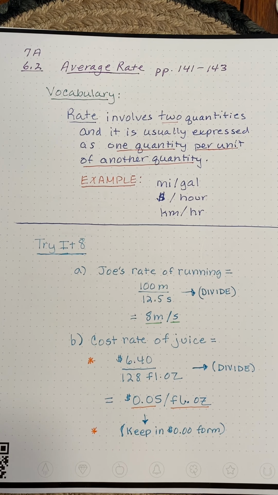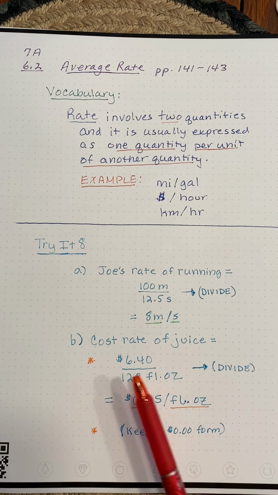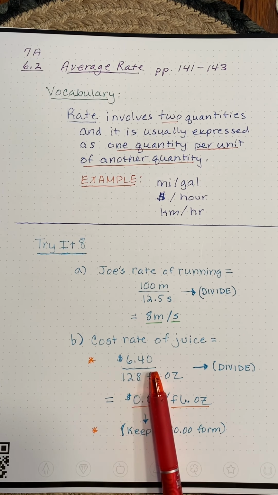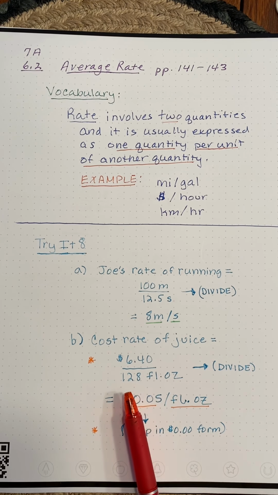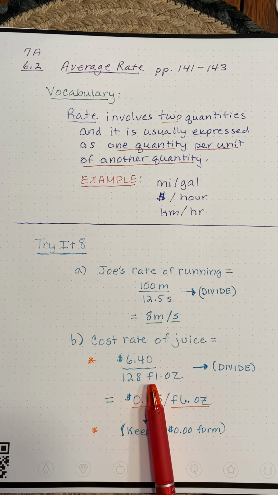Letter B asks us to find the rate in this case. 128 fluid ounces of apple juice cost $6.40. Give your answer in dollars per fluid ounce. Well, you would take the total amount of money for the juice, $6.40, and divide by the total amount, which is 128 fluid ounces.